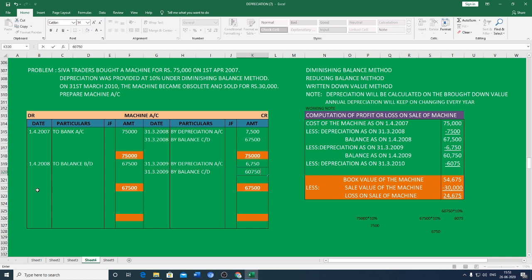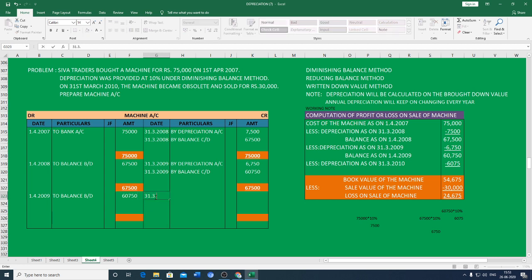Then it becomes opening balance for the next financial year, right? So that is 1/4/2009, the next financial year beginning, and now to balance brought down. Actually brought down, carried down must be in small letters, but I don't want my video to be too lengthy. That is the reason why I am writing it continuously.